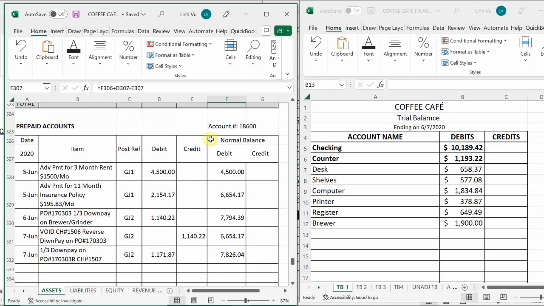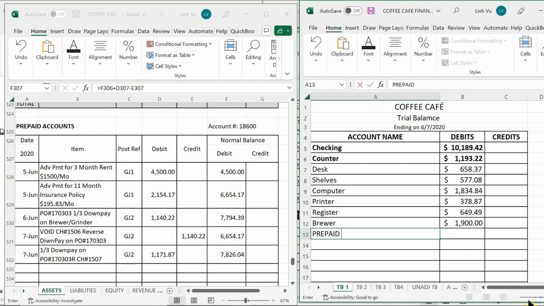So now next one is prepaid accounts. Now I'm going to go ahead and just type it in exactly how I see it in my ledger. Why? This is going to be very useful to you when you are doing your trial balance based on the main accounts, right?